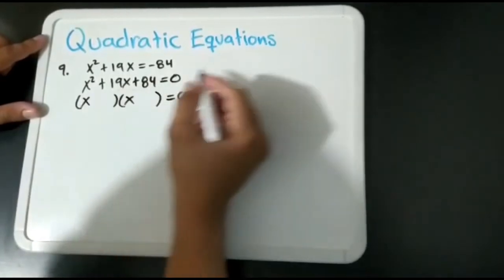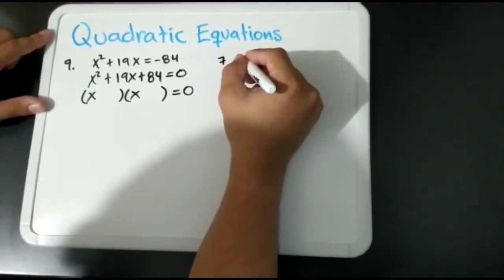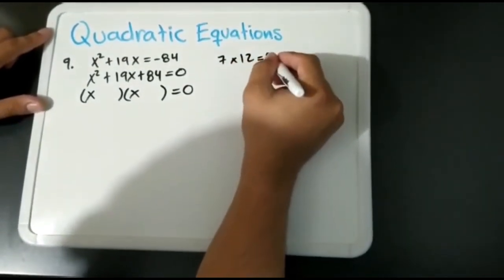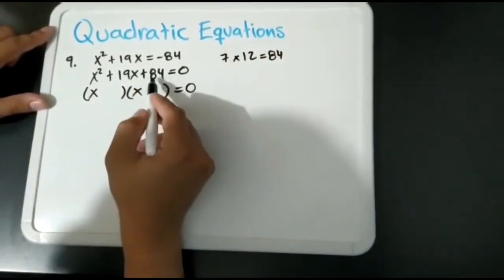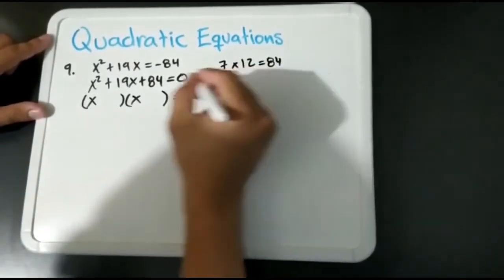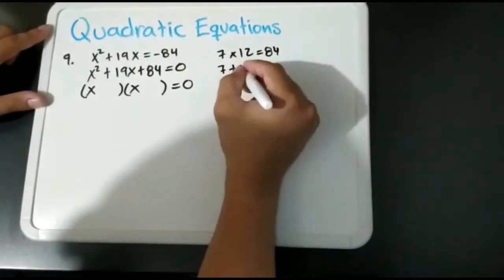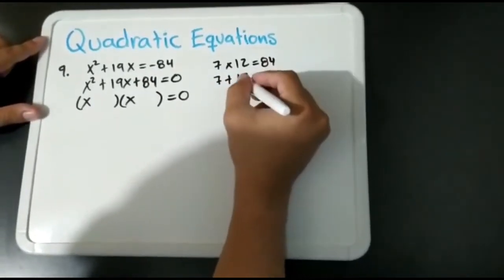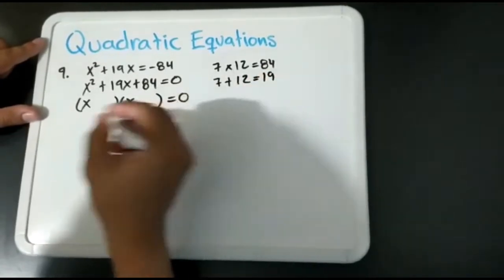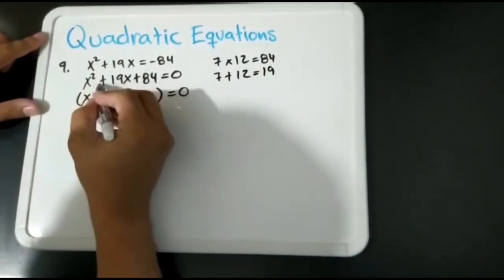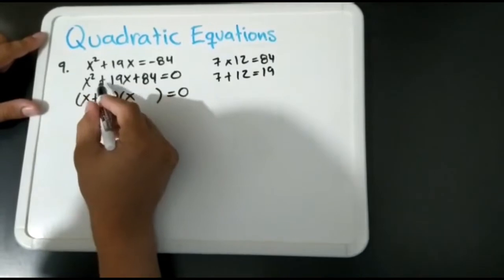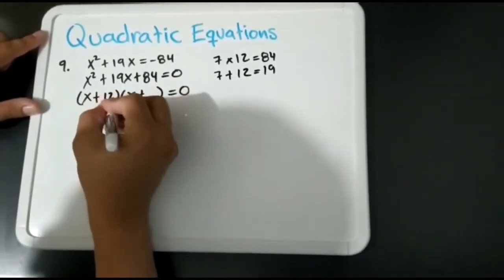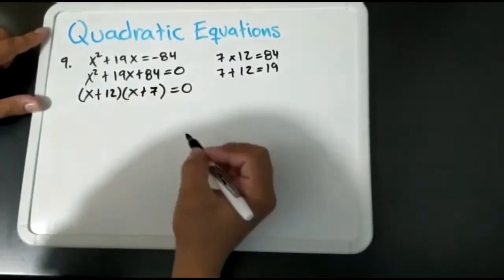In this exercise, we will find 7 and 12. 7 and 12 multiply to 84, because we need two numbers that multiply to 84 and add to 19, and effectively 7 plus 12 is 19. Well, we're going to put the signs plus here, positive, and positive times positive is positive. Then the biggest number is going to be in the first parenthesis and the smallest in the second one.